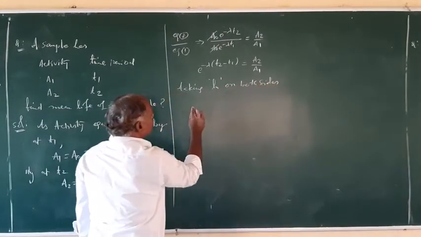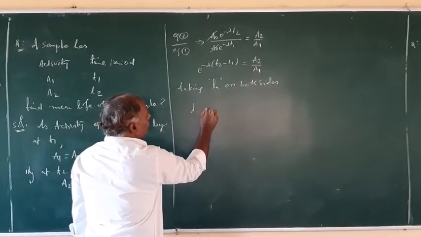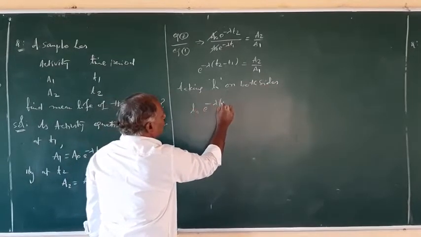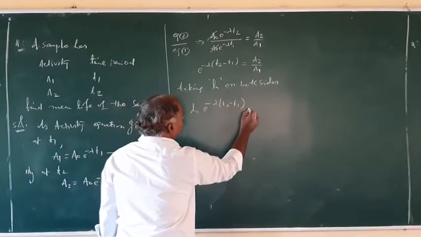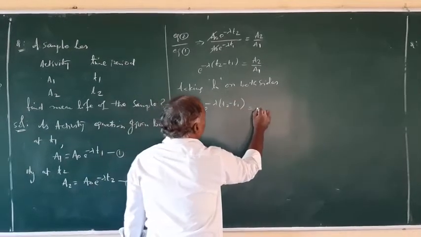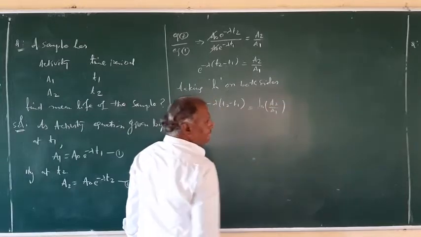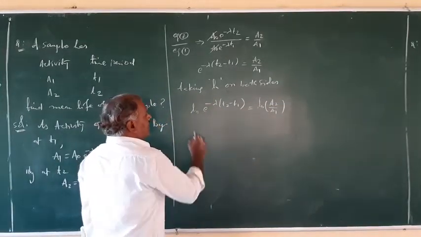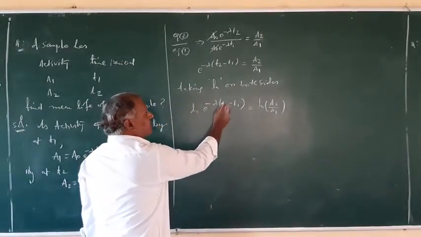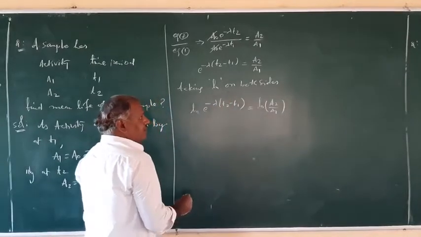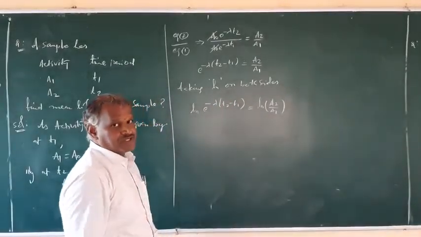So you can write ln of e power minus lambda into T2 minus T1 is equal to ln of A2 by A1. Right? Now ln of the exponential will give only the power, since ln of e power x is x only.